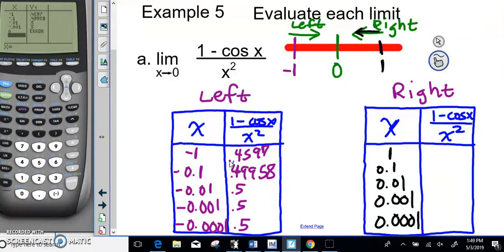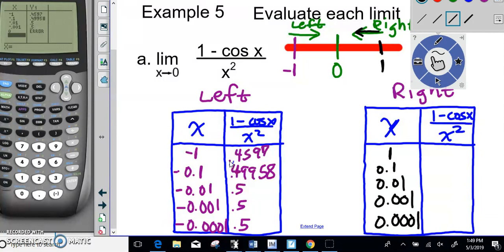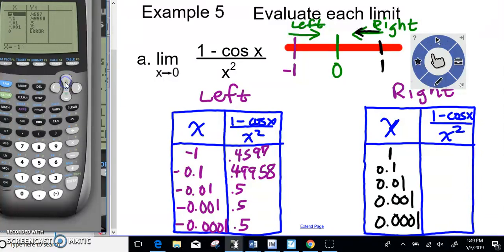And we're going to see again how this works. The equation's already in your calculator, so all you have to do is come back up and put the numbers in and write over top of it. So let's type 1, and then 0.1, then 0.01, and then 0.001, then 0.0001.